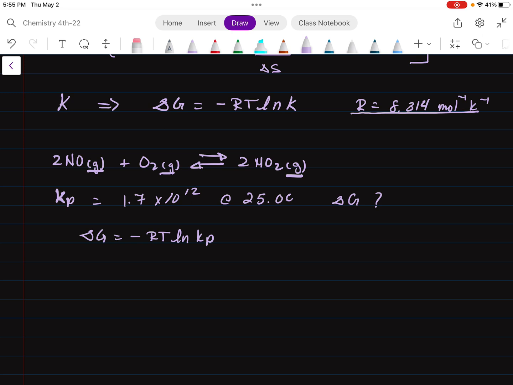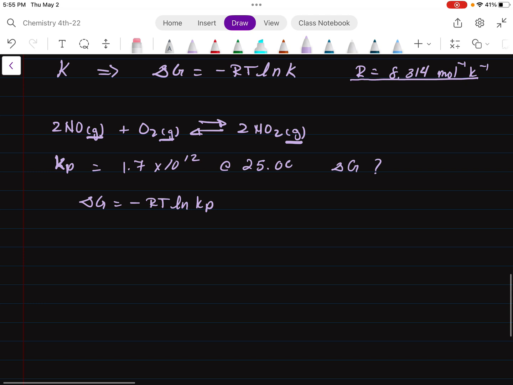Okay, so what we're going to do here is substitute our gas constant, which in this case is 8.314 joules per mole Kelvin.